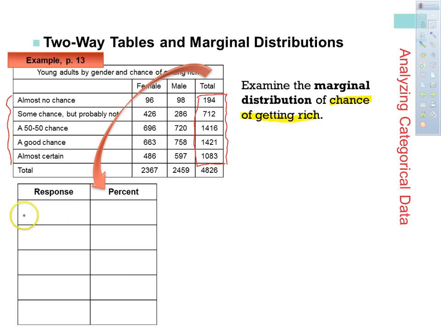So here we want to talk about almost no chance, and I'll abbreviate some chance, but probably not. And then we got 50-50 chance, and then we got a good chance, and then we have almost certain. And we want to know how those different values break down amongst the total 4,826.